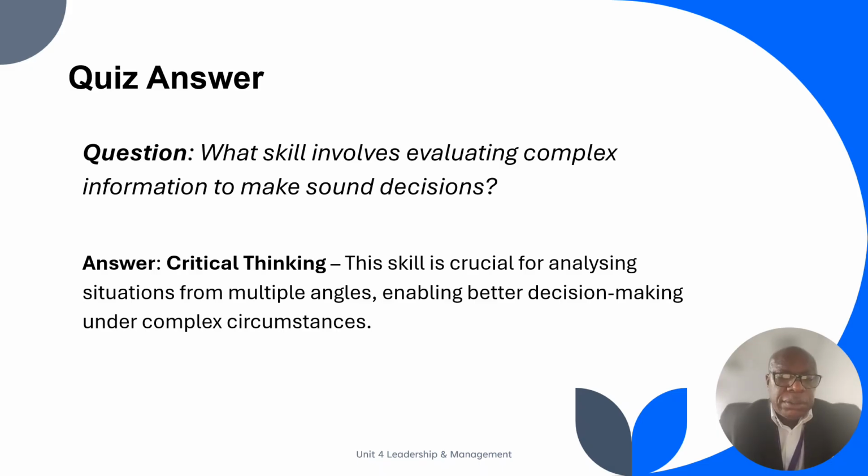So, in a given circumstance, whether complex or not, the best thing to do under critical thinking is to be able to analyze situations using different possible solutions from different angles, and then come up with better decision making. So critical thinking is very important as an essential skill to have.